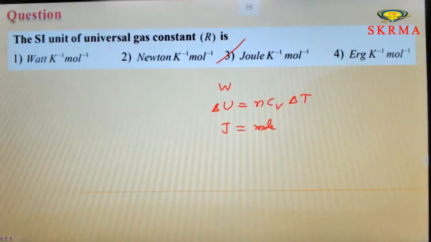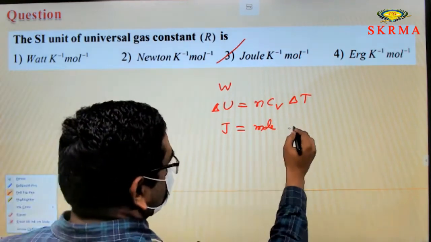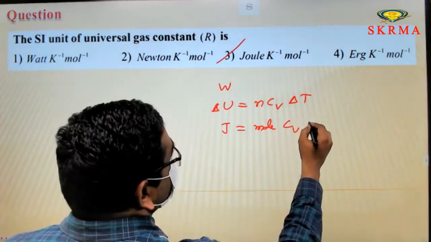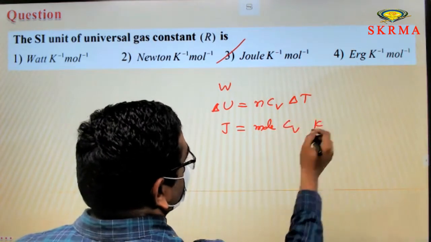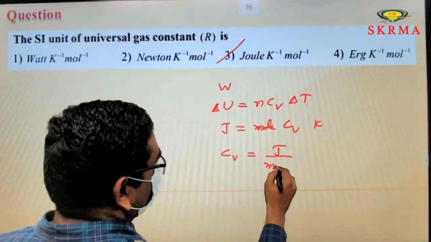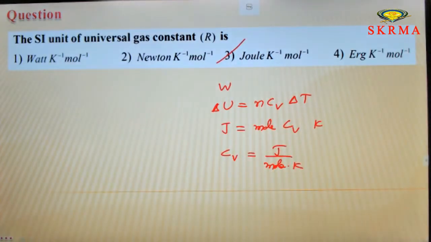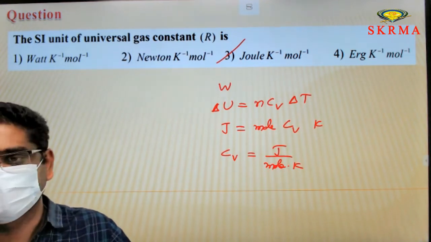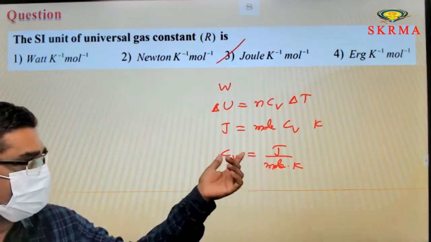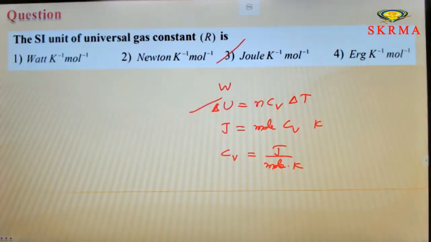It is better to write from PV equal to nRT. So for Cv, joule by mole dot Kelvin, because Cp minus Cv equal to R, so Cp, Cv and R have the same dimensional formula. So I am just writing from the basic change in internal energy equation.